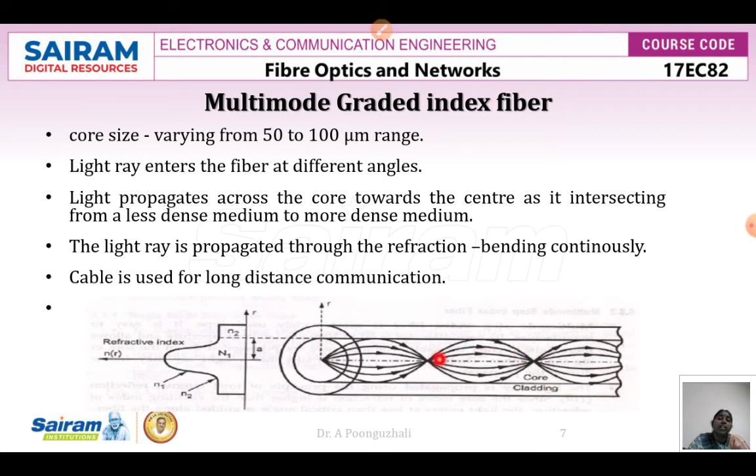Because of that, refraction of the waves takes place, giving a continuous bending, which we call an oscillatory fashion. This multimode graded index fiber is used for long distance communication.